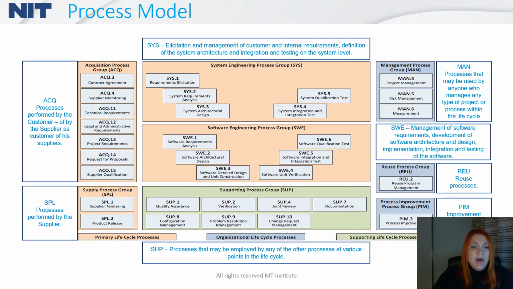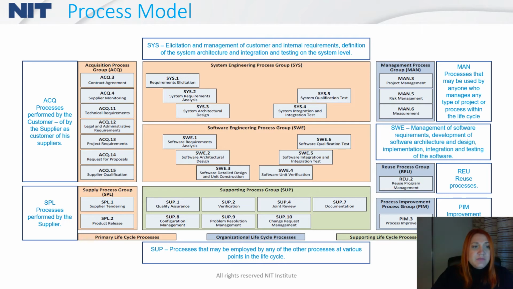Then you have the software engineering process group, where management of the software requirements, development of software architecture and design, and implementation, integration and test of the software are described here. You have overall 6 processes which explain how software should be developed.